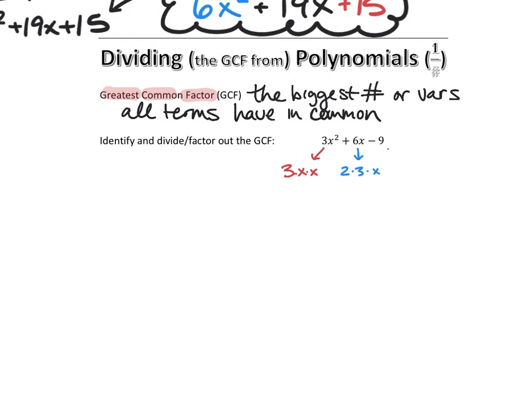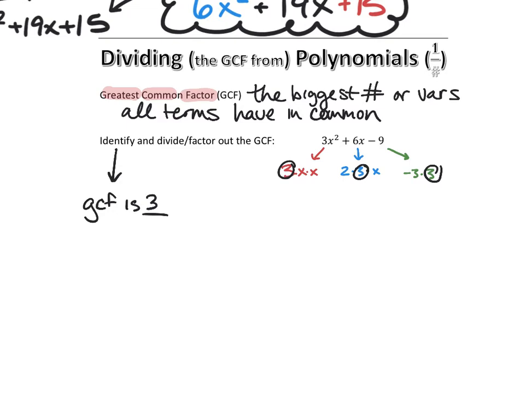And if I look at the factors of -9, this is going to be -3 times 3. Now, if we look at this and we're looking for the greatest common factor, you can see that they share a 3. They don't all share x's, so we would say that when we're identifying the GCF, it is 3.